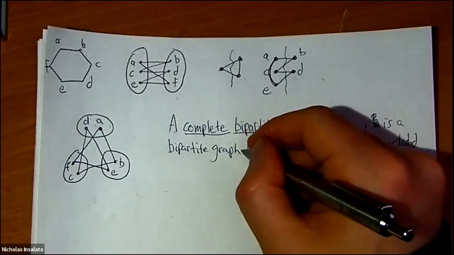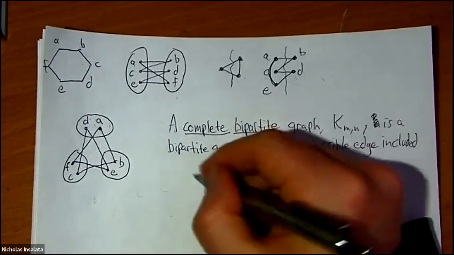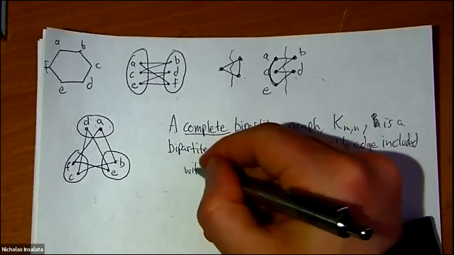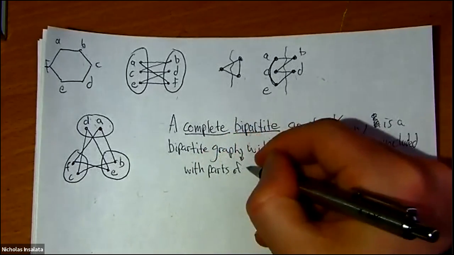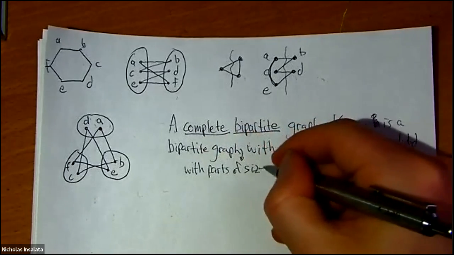I'll say a bipartite graph with parts of size, sorry, I forgot a part, size M and N.